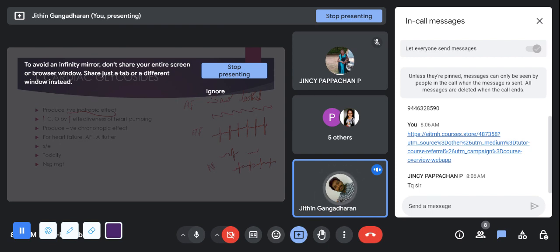But if a patient has tachycardic atrial fibrillation, it is a medical emergency. And flutter is definitely a medical emergency, the sawtooth ECG. Clear? So we have now understood AF as well as flutter.